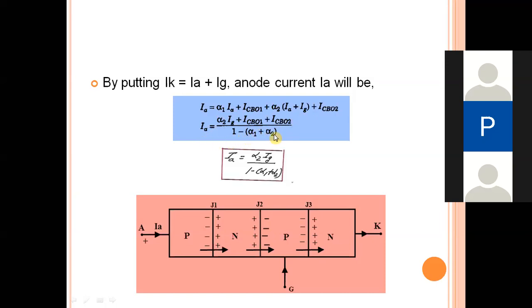What are these ICB01 and ICB02? Those are going to be the leakage currents.